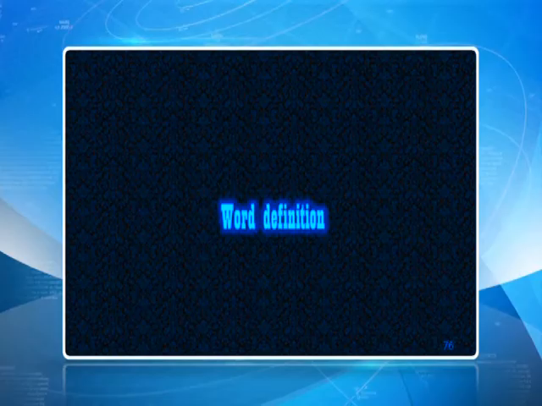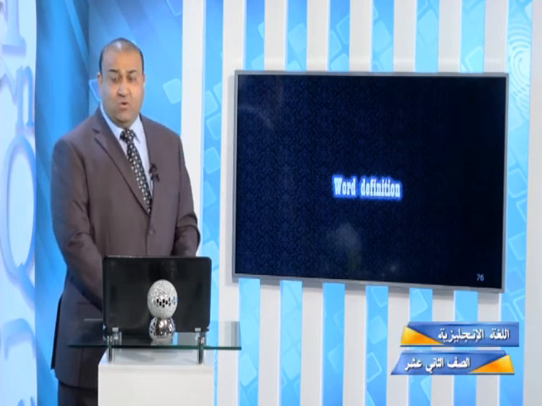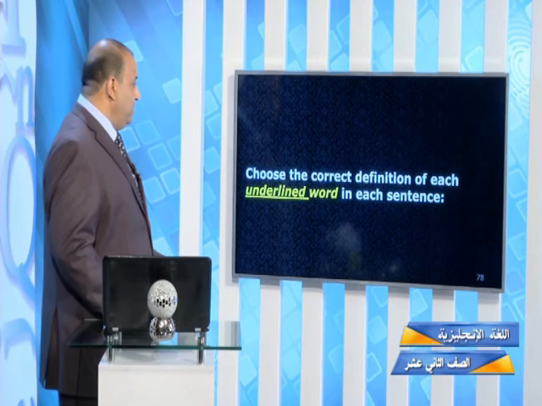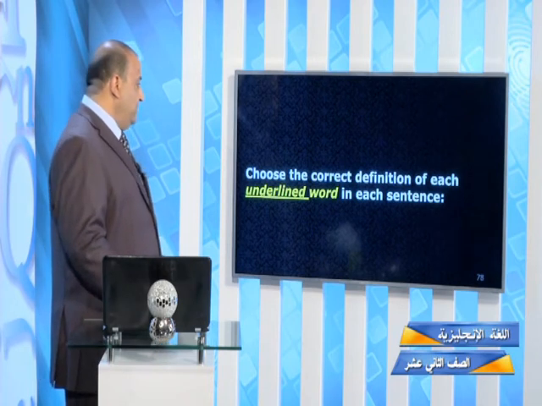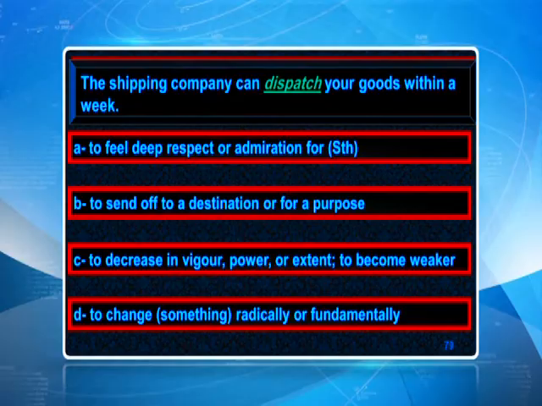Let's now have an exercise about these presented words. So it's a word definition in which you are going to be given a sentence with an underlined word, and you have to choose the appropriate definition for the word. Practice 3, choose the correct definition of each underlined word in each sentence. For example, the shipping company can dispatch your goods within a week.